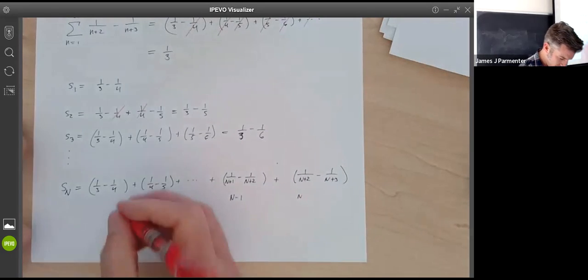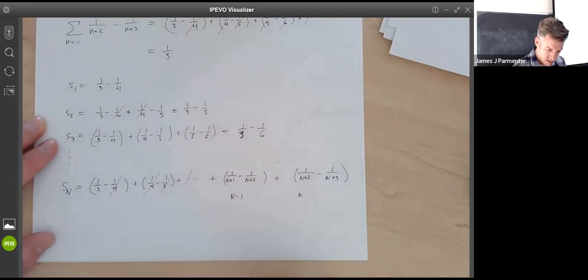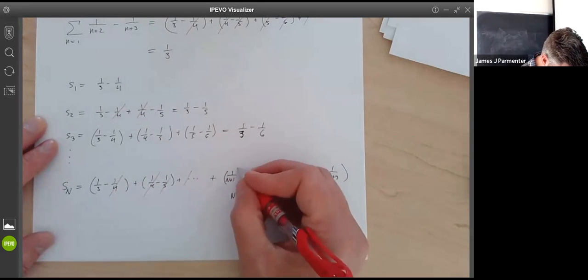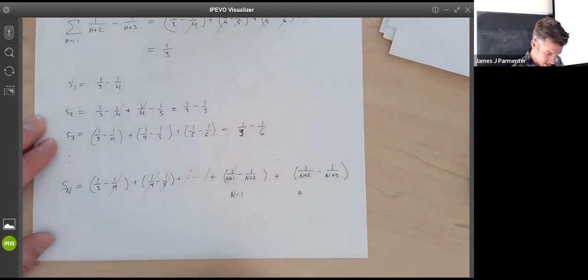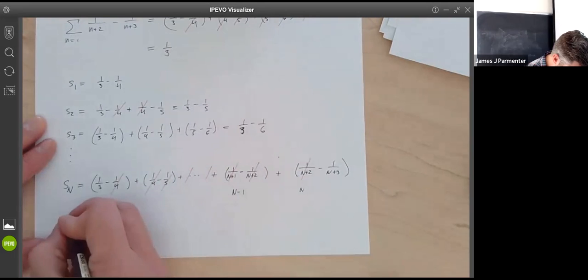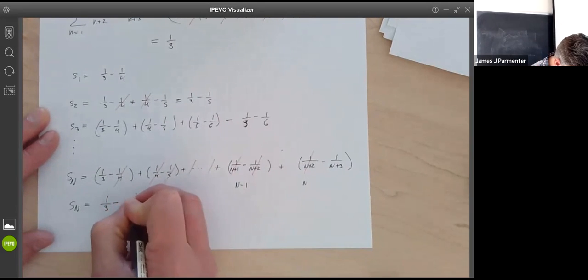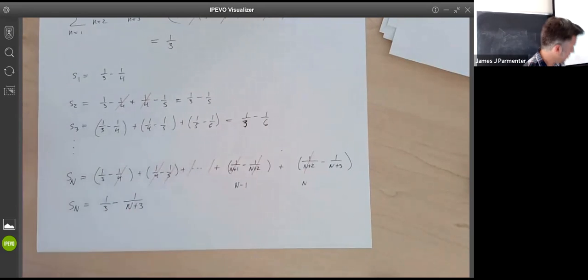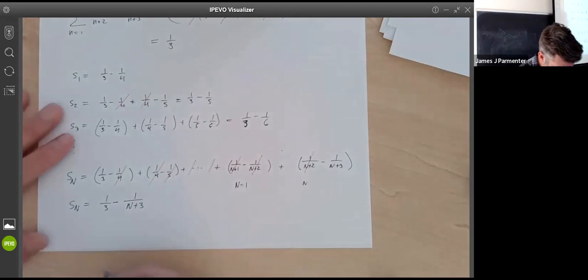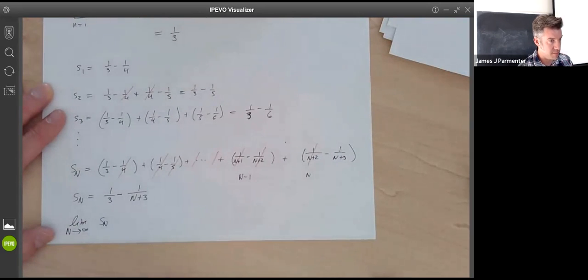And now I can see that's going to cancel with that, that's going to cancel with that, all the way till this is going to cancel with the thing that came before it. And so my nth partial sum formula is 1/3 minus 1 over n plus 3. Now we can ask, what's the limit as n goes to infinity of this nth partial sum?